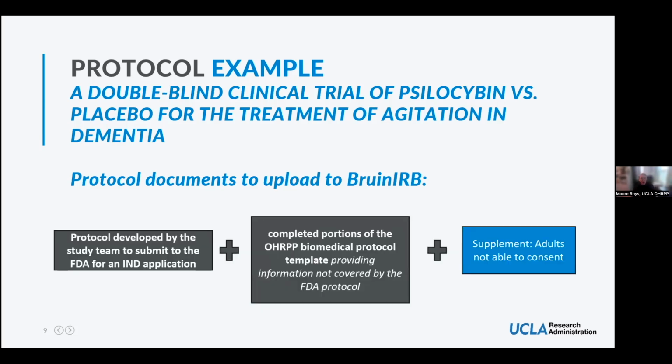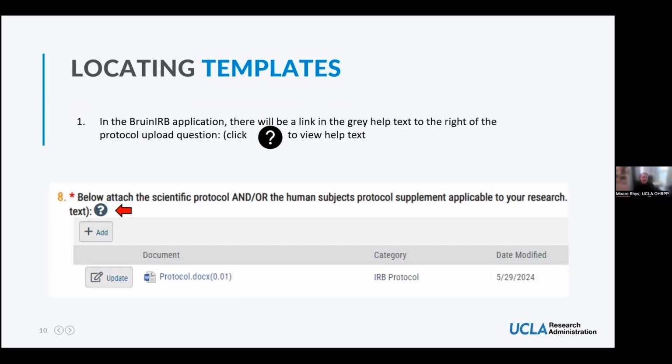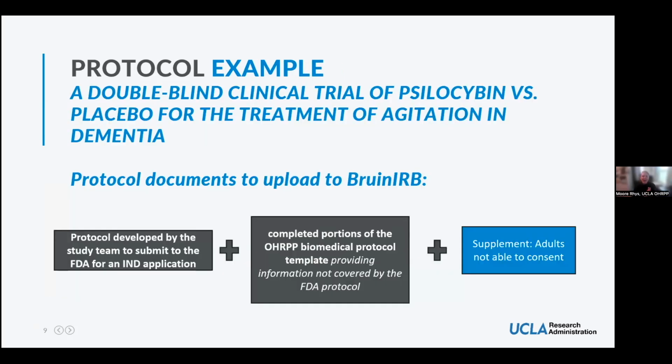All right, so here's another way this can happen. In this example, it's the same study, but let's say this investigator already submitted to the FDA for an IND for the psilocybin to treat agitation and dementia for this research study. So there might be a protocol already submitted to the FDA that they would use as part of the application.